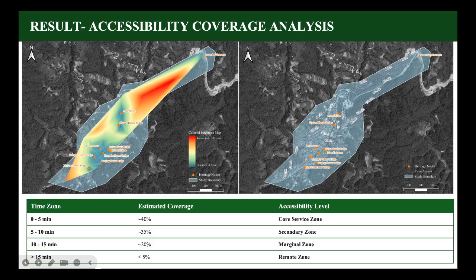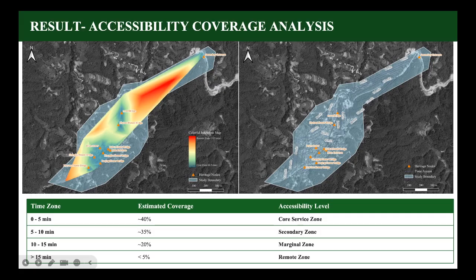Moving on to the results. The map on the left visualizes walking time accessibility from the mapped heritage nodes. In general, warmer colors indicate areas that are more easily reached, while cooler colors represent more time consumption in the periphery areas. To quantify this pattern, we calculated the coverage statistics shown in the table.